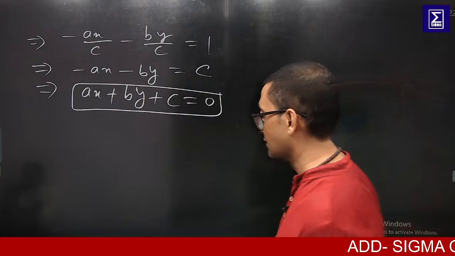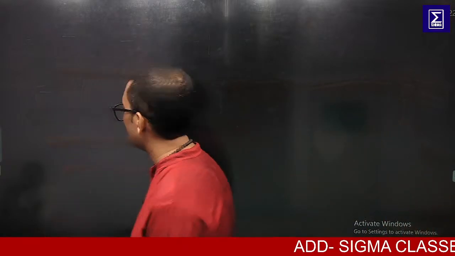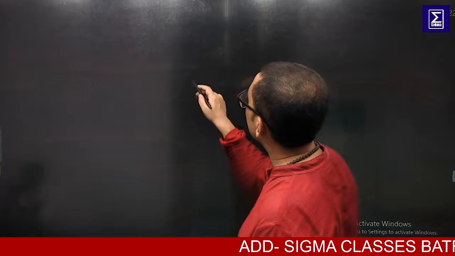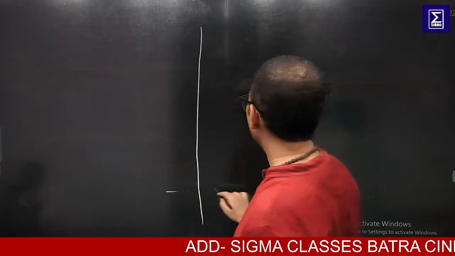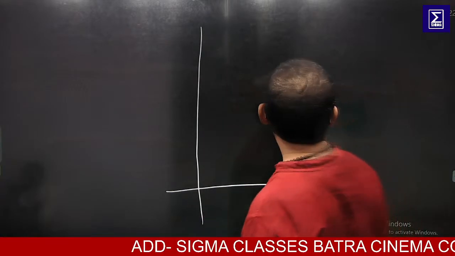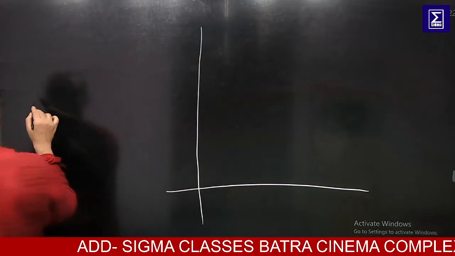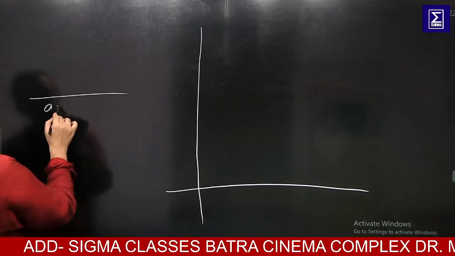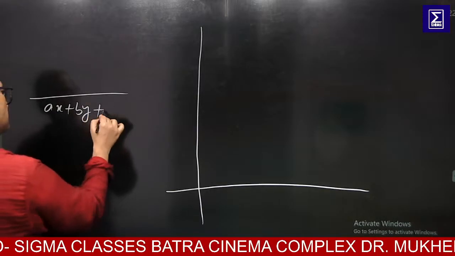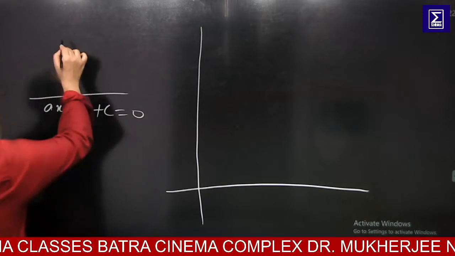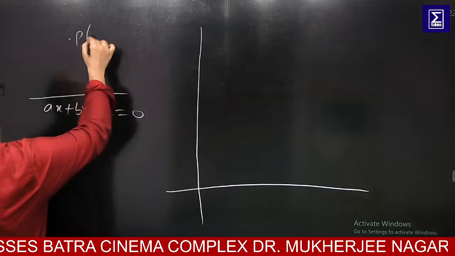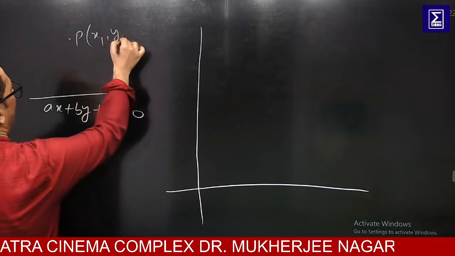Now moving to the next, we will see here, firstly I will write the formula. There is an equation, let's say ax plus by plus c is equal to 0, and there is a point P here. The coordinate of the point is x1 comma y1.